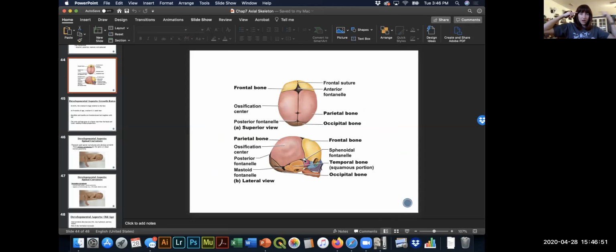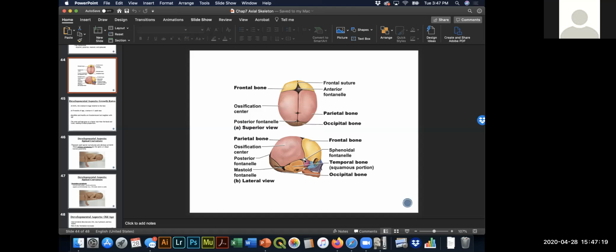They're here, 1, and the mastoid, 1, 2. So that's 2, 4, 5, and 6. Frontal or anterior and posterior, 2 sphenoidal and 2 mastoidal. It equals 6 total. So you could say there's 4 types, but there are 6 fontanelles.